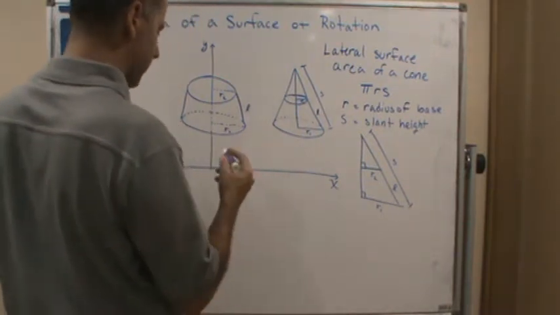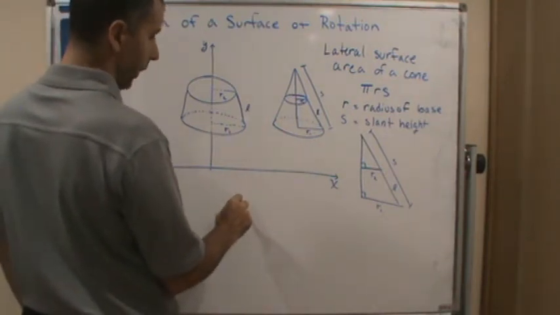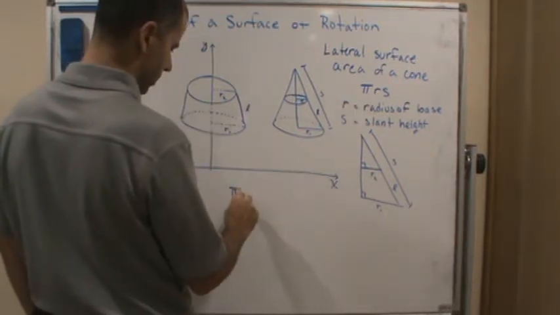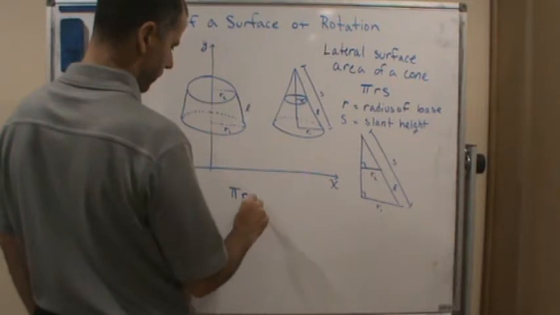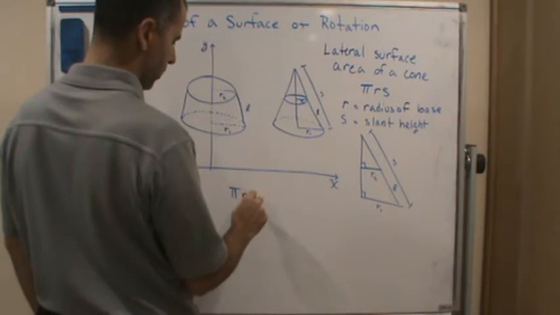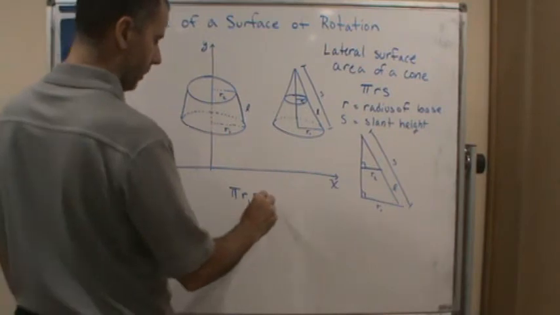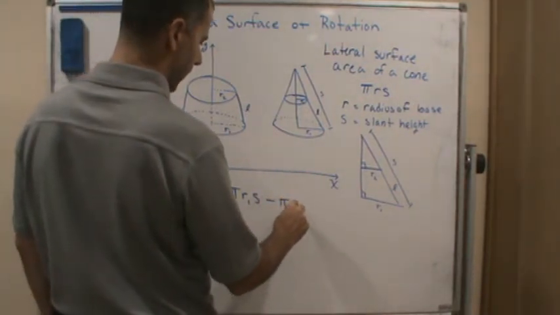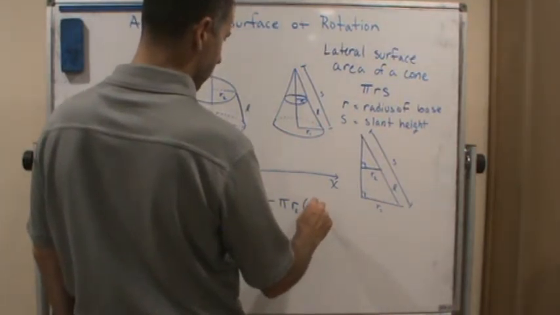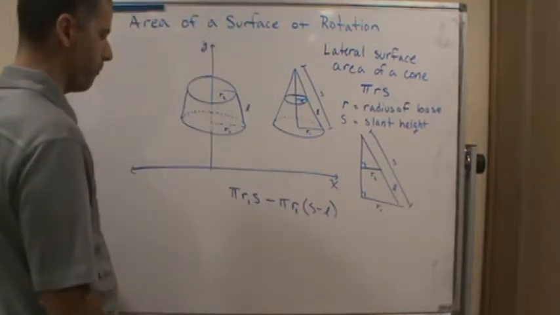Here's the setup: pi r1 s, the larger one, minus the smaller one, pi r2 times s minus L.